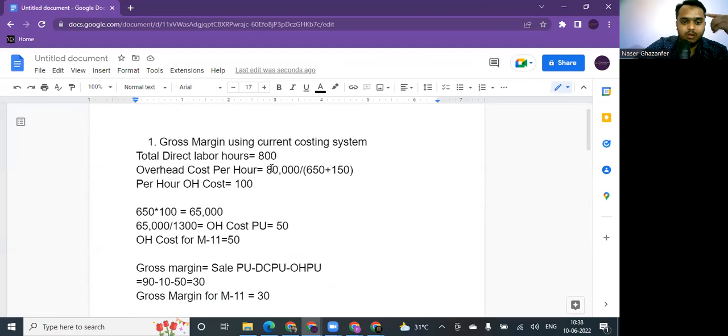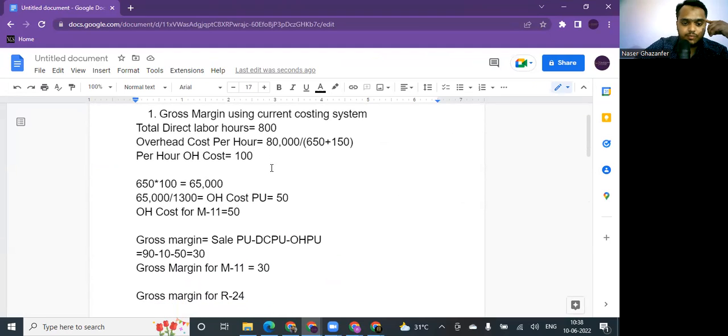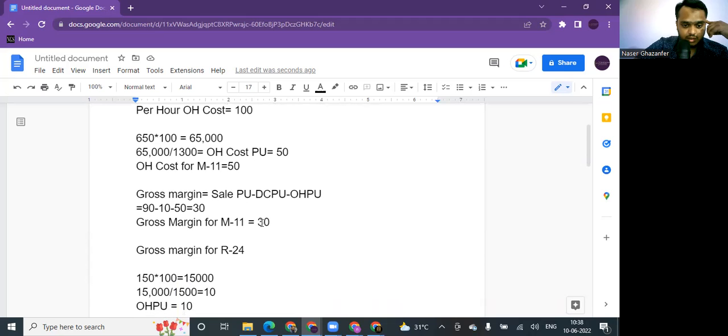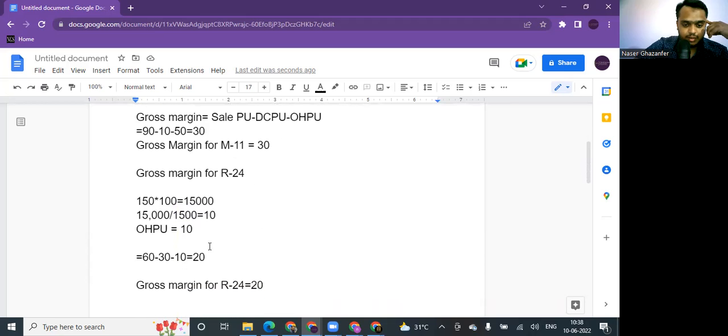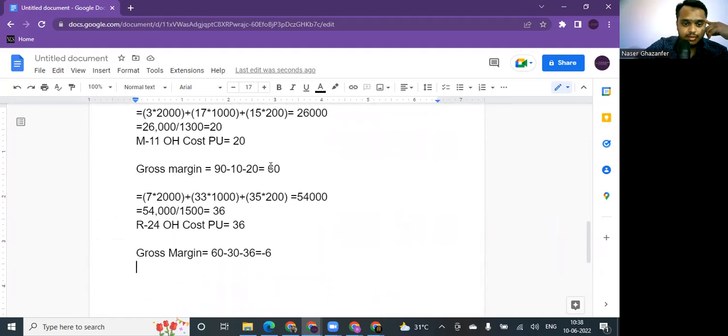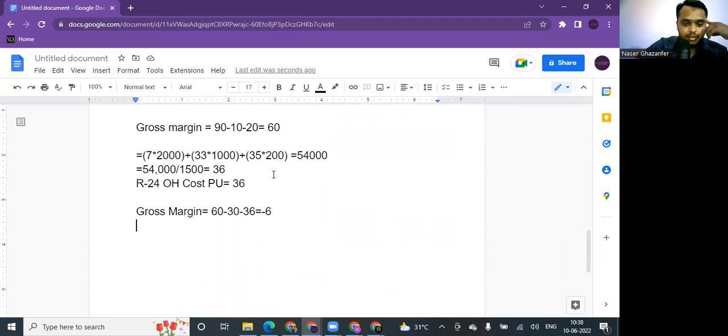what I've done is gross margin using the current costing system. I've got it how much? 30 here and 20 here. And here how much do I have? 60 and 36.